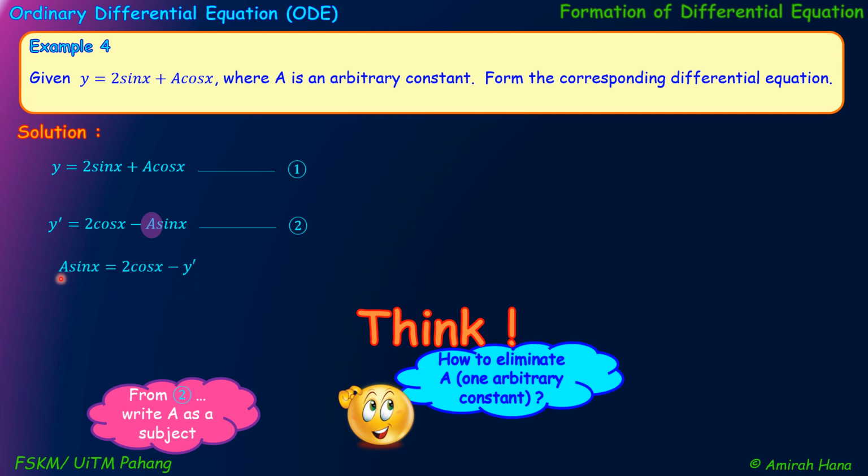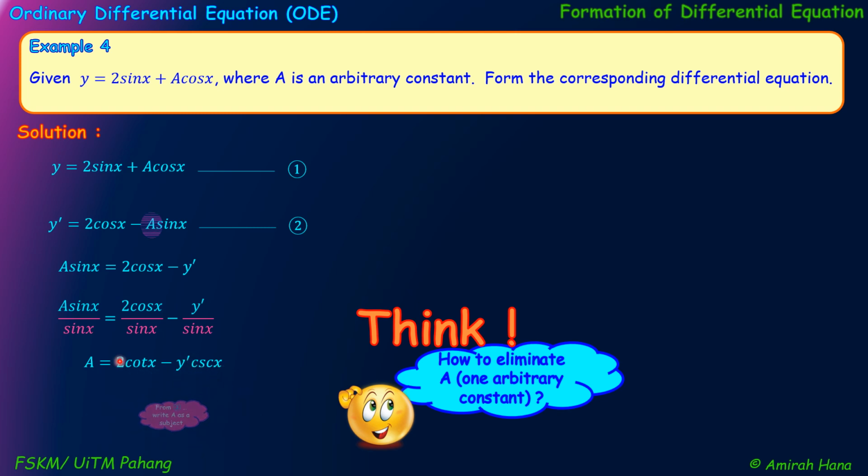To write a as the subject, we need to divide each term by sin x. After dividing each term by sin x, we get this, right? Then we can simplify and after that we get a equals 2 cot x minus y prime cosec x. How do we get this?